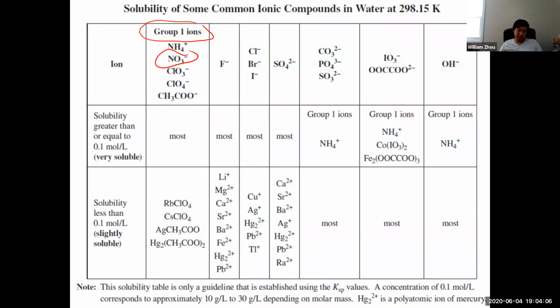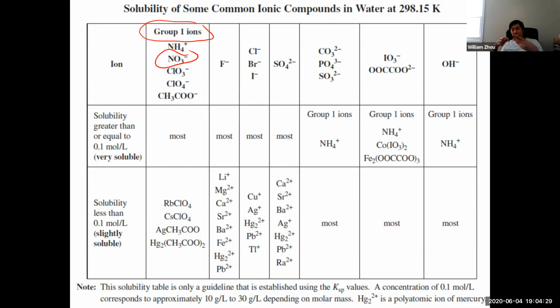Does that make sense? If you see a nitrate with anything, say no more, it's soluble. Second, silver is never soluble except with nitrate, because nitrate is soluble with everybody. So silver is only soluble with nitrate, and it won't be soluble with anything else.